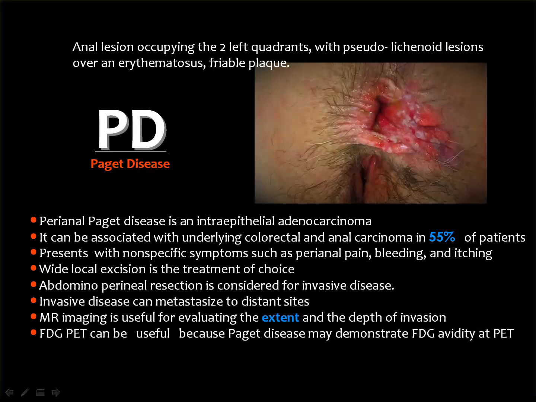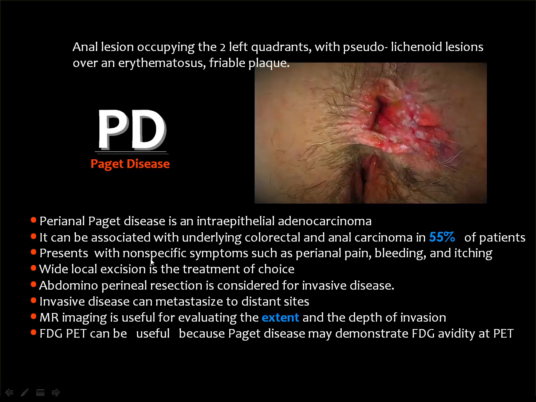Then we came to Paget disease, which is considered a skin disease affecting the skin of the breast, and sometimes it may affect the skin around the anal canal. And perianal Paget is an intraepithelial adenocarcinoma and is associated with colorectal and anal cancer in about 55% of the patients.